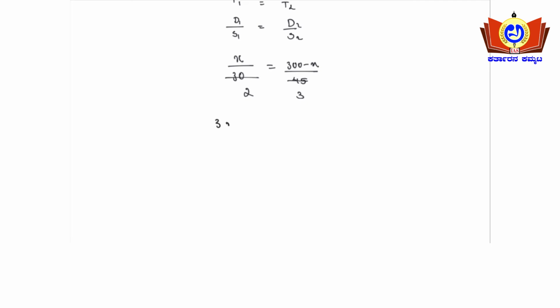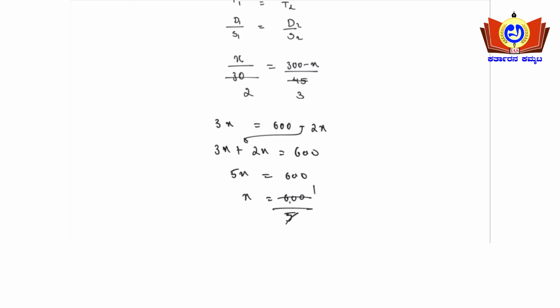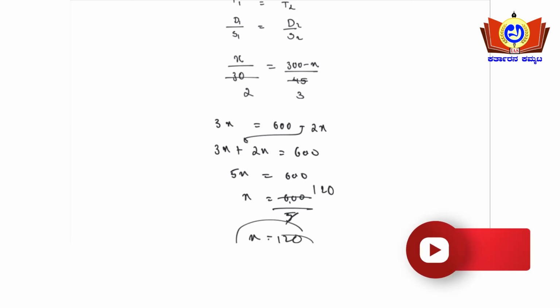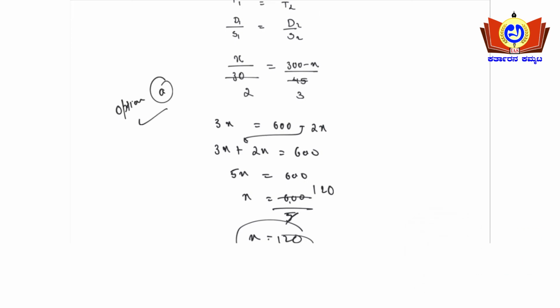So 3x will be 600 minus 2x. So 3x plus 2x, 5x will be 600, x will be 600 divided by 5, so x will be 120. This is a simple problem. Option A is the right answer.